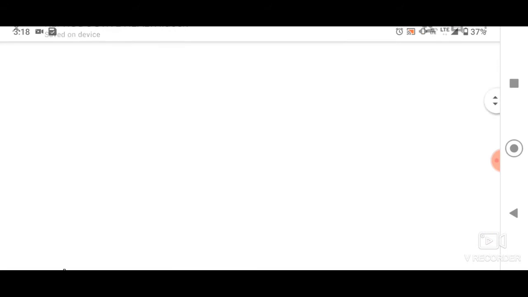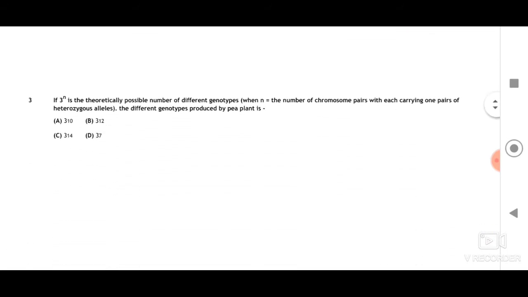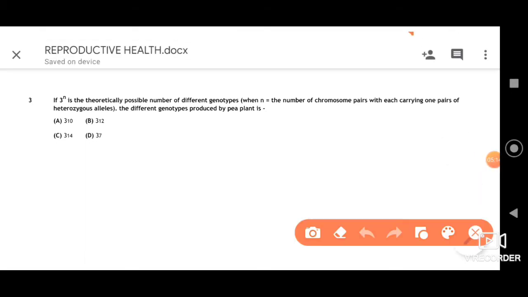Dear friends, the next question we have here is: if 3 to the power n is the theoretically possible number of genotypes, when n is the number of chromosome pairs with each carrying one pair of heterozygous allele, the different types of genotypes by the P plant is.